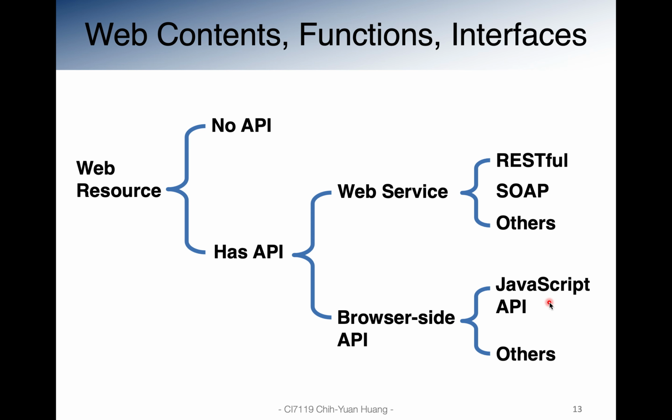Okay, but however, there could be other types of API for application construction. For example, it could be a C# API, it could be a Java API, and those different APIs could be supporting the browser, supporting the web applications executed on the browsers. But however, those programming languages are not for direct use from the browser.